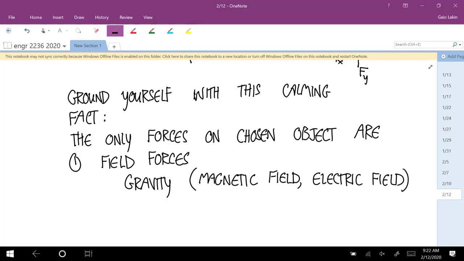You might not remember it in detail, but you probably remember hearing that term. The idea of a conservative force or a field force is that if you know the location of the object, that's enough information to specify the force that's applied.